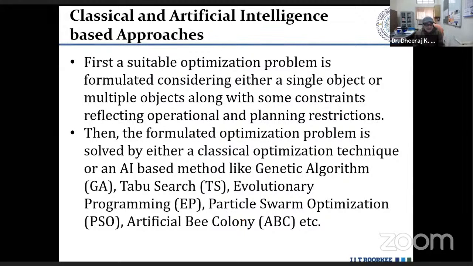And then the developed formulation we can solve by some classical optimization technique, or by using some AI based technique like GA, TS, EP, PSO, ABC, and many more.